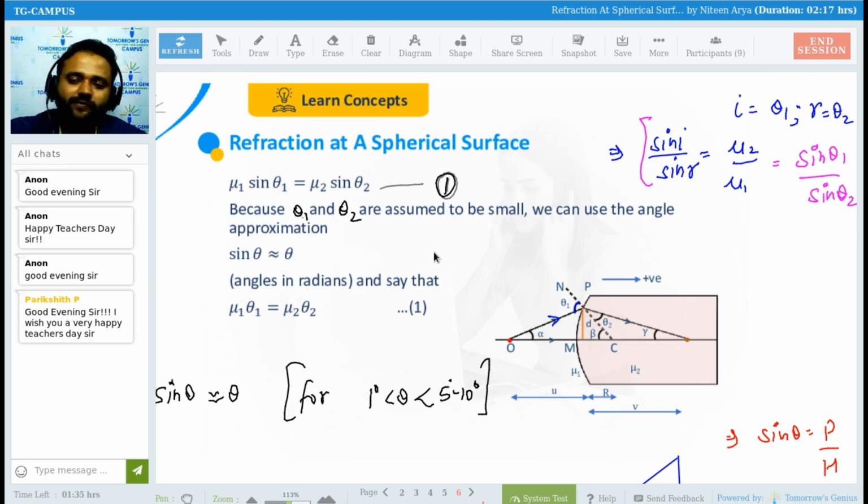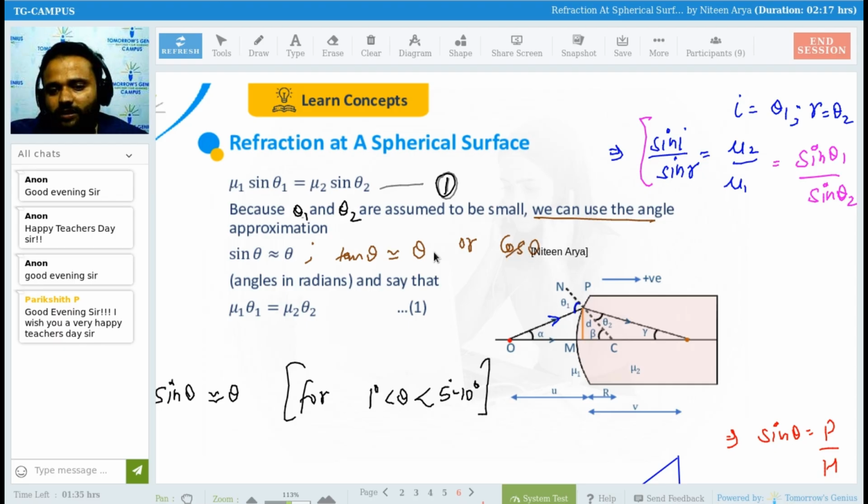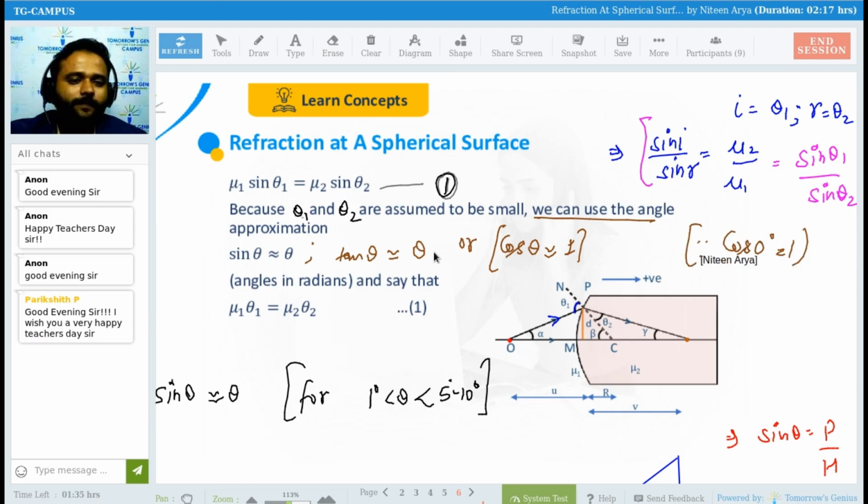And here the angle of incidence is theta 1 and the angle of refraction is theta 2. Now using the small angle approximation, sin theta can be theta, tan theta can be theta also, and cos theta is going to be 1, because cos 0 degree is 1. Clear? Clear till now?